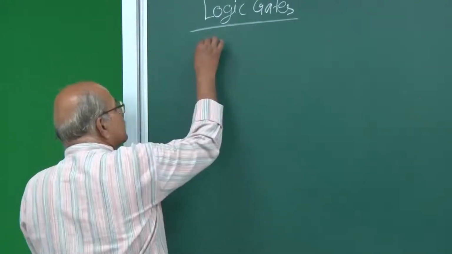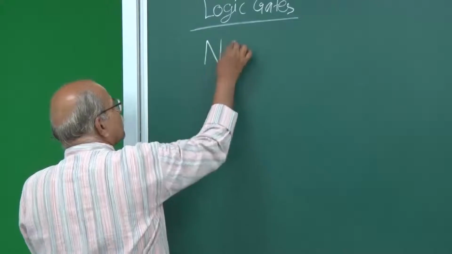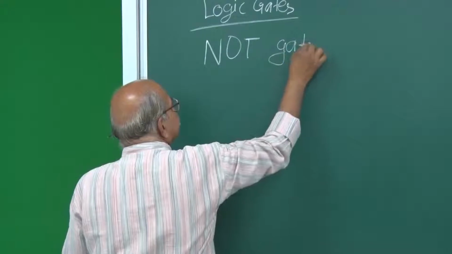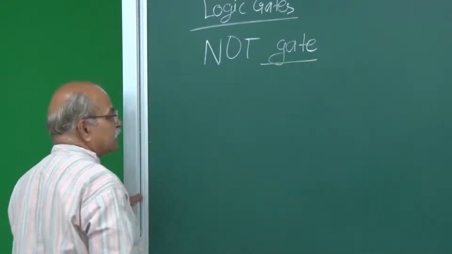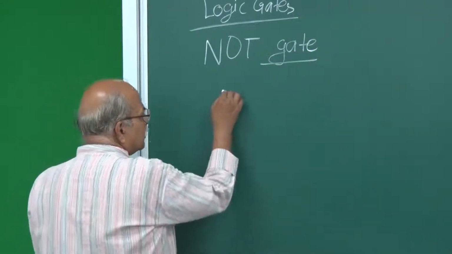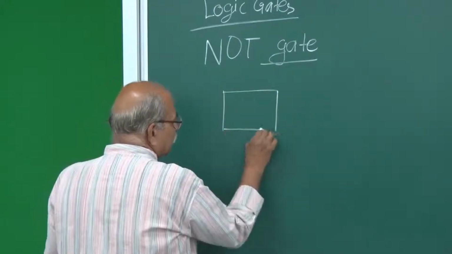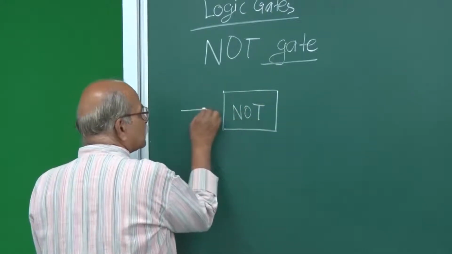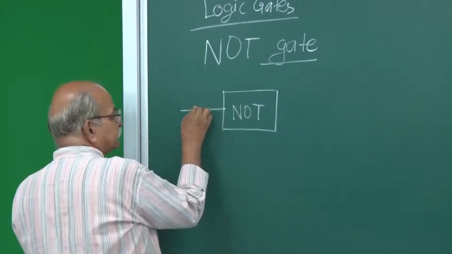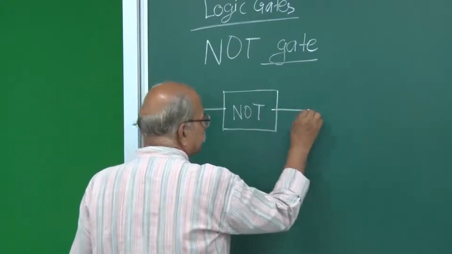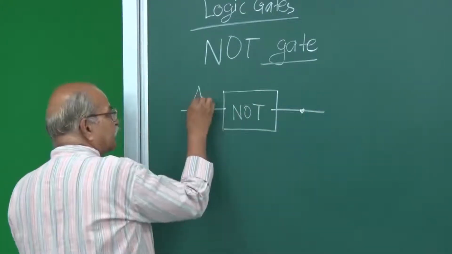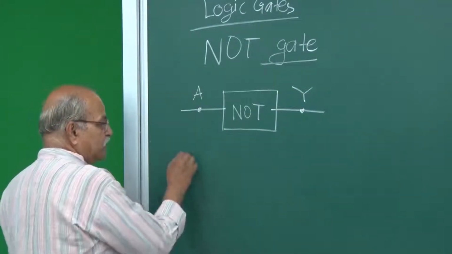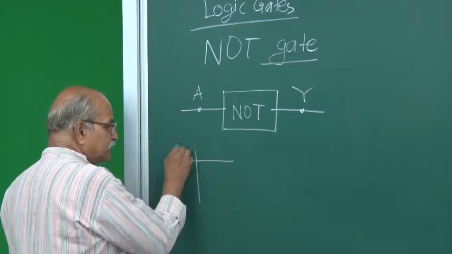Some of them are very basic and I will describe them. The first one is the NOT gate. It's very simple. It takes just one input, let us call it A, and it gives one output, let's call it Y. The truth table is very simple.